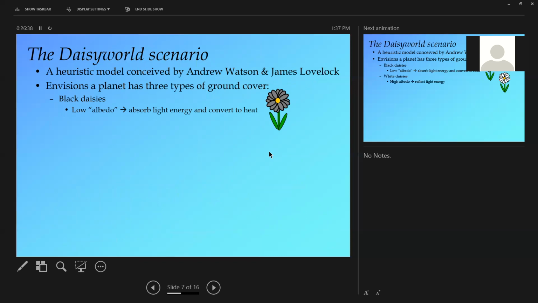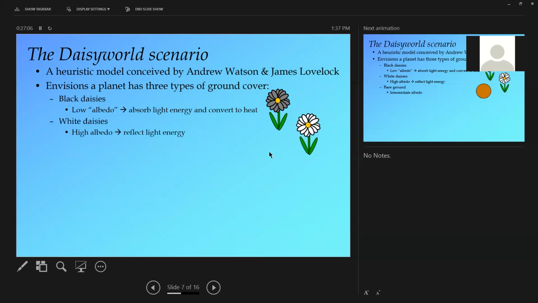Another way of saying that, the way people interested in planets would talk about it, is they'd say it has a low albedo. Albedo you can think of as reflectivity, how much light it reflects. It has a low albedo. It absorbs a lot of light energy and converts it into heat. So these black daisies are very good at absorbing light energy and turning it into heat.